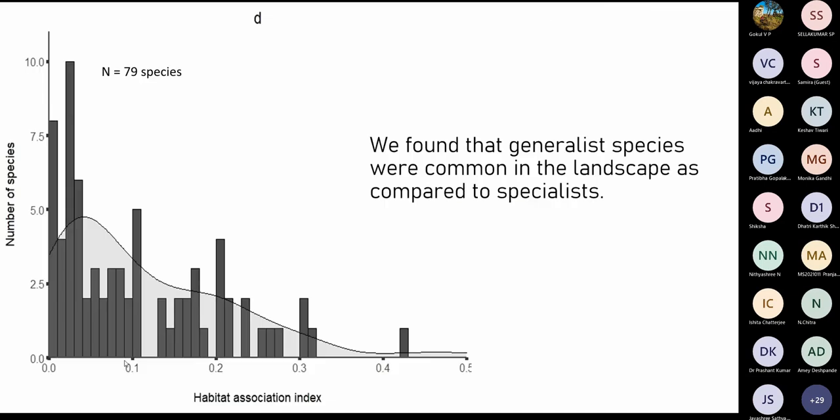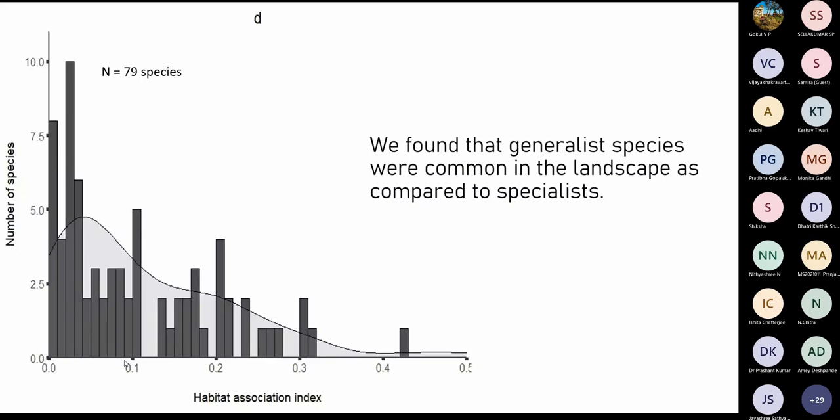So we observed 17 species for which we had enough data, and we calculated how strongly these species are associated with a particular habitat. What we observed is that most of the species did not show any strong association with any of the three habitats, and they were found in more or less equal numbers in all the three habitats.